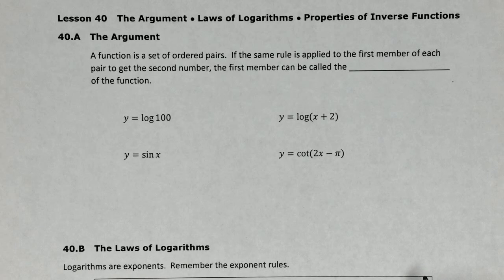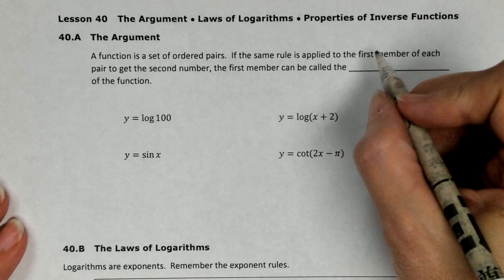Those are arguments. These are different. These are going to be arguments of functions. So first we're going to review functions briefly. A function is a set of ordered pairs, like a set of points. If the same rule is applied to the first member of each pair, so like the x, to get the second number, then the first member can be called the argument of the function.